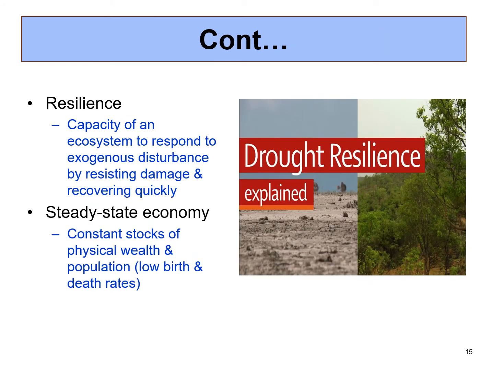Another term to explain the concept of sustainability from the ecologist point of view is resilience. Resilience means the capacity of an ecosystem to respond to exogenous disturbance by resisting the damage and recovering quickly. If you look at this image on your right side, we have the condition we call drought resilience.